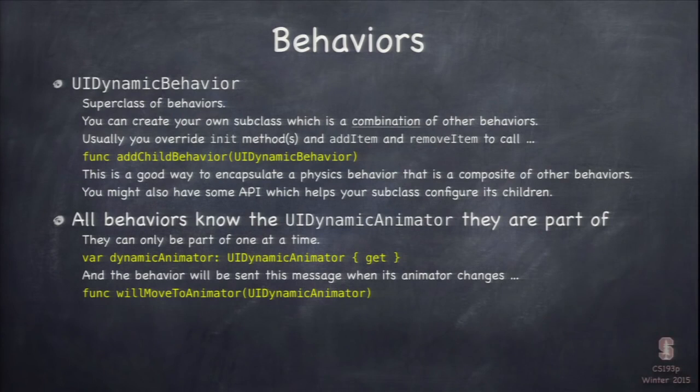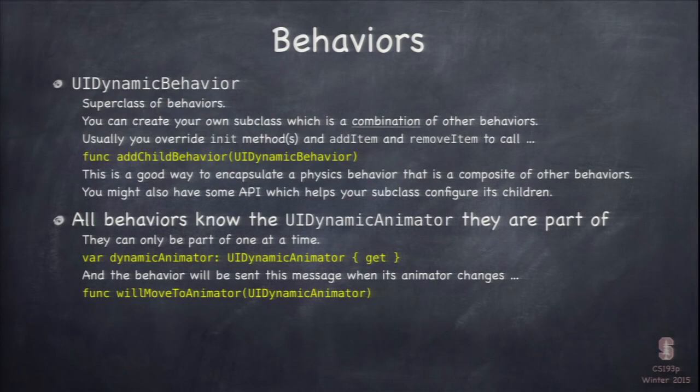All behaviors know the dynamic animator they're in. And a behavior can only be in one dynamic animator at a time. So it has a property called dynamicAnimator, and it's read-only, and you can ask a collider, who's animating you right now, and it'll tell you the dynamic animator that is animating it.